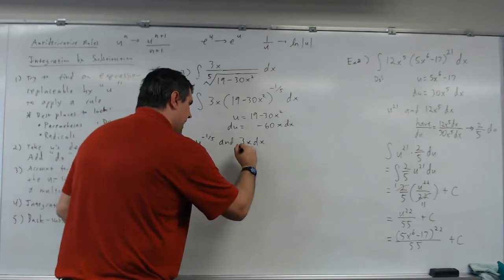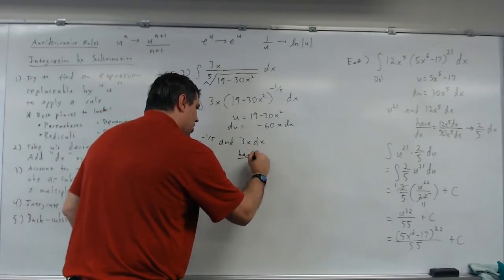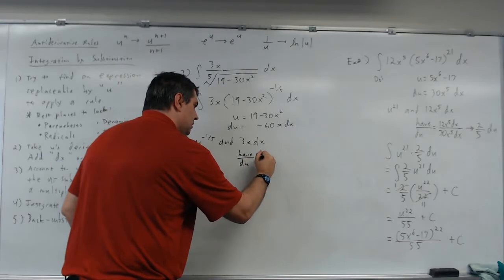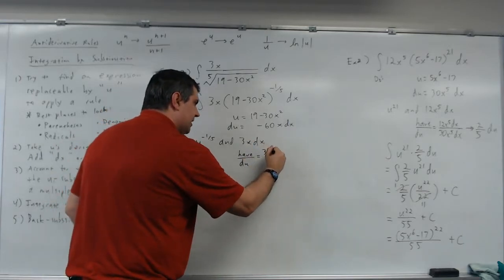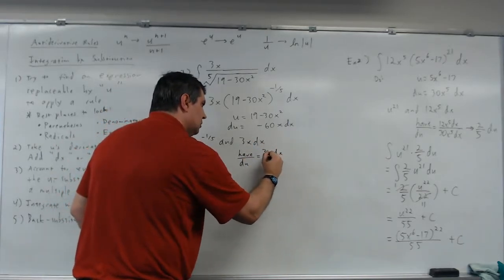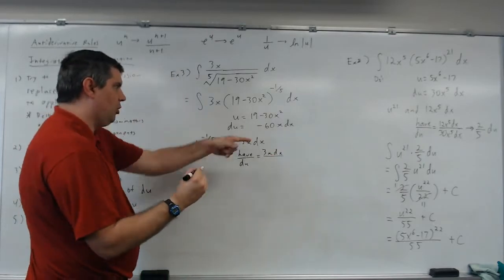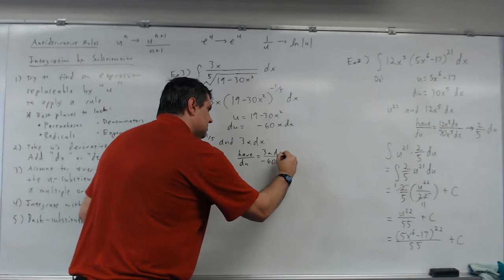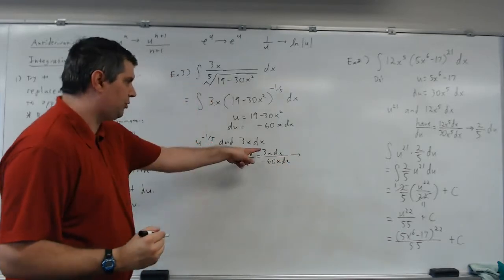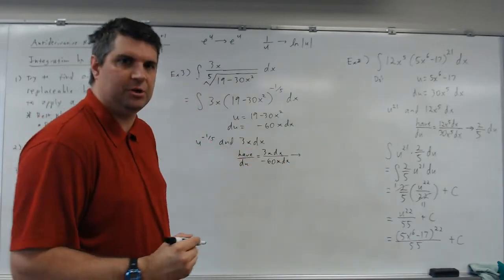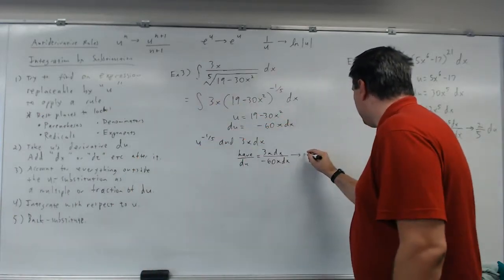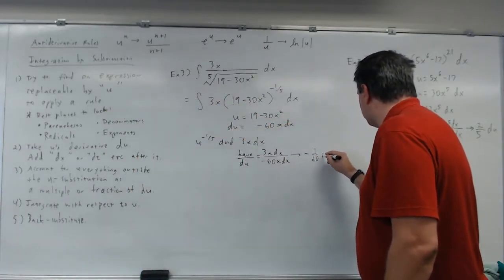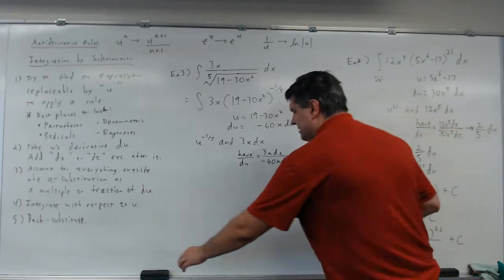So I have 3x dx over du, and du is actually negative 60x dx. Well, 3 over negative 60 reduces to negative 1/20. So I'll have negative 1/20 du.